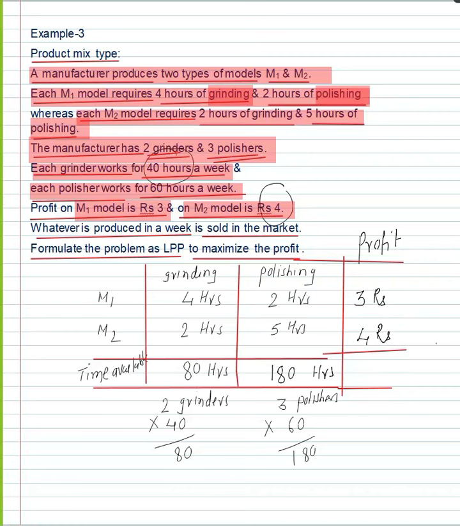And whatever is produced in a week is sold in the market, so we can calculate the profit. Formulate the problem as a linear programming problem to maximize the profit. We now put all this data in a table.